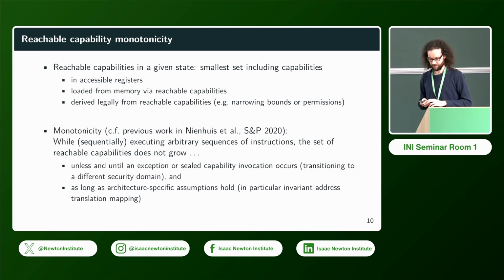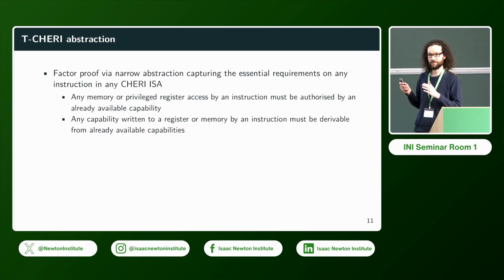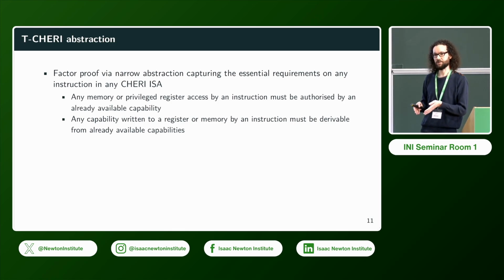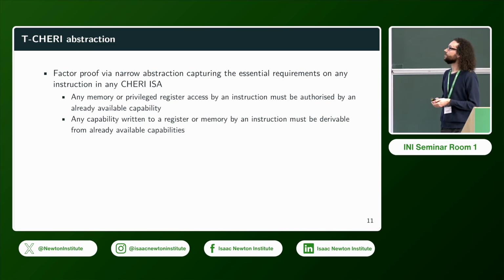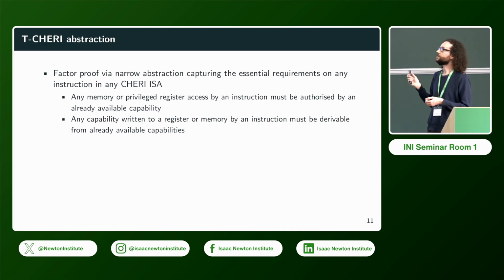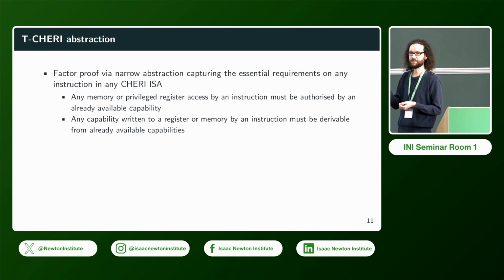All right, so how do we prove this? One step is to break down these whole ISA properties into smaller and much more local properties of the individual instructions. And here we arrived at some pretty straightforward properties that say, for example, that every time an instruction performs a memory access, then it must have already obtained a capability that authorizes it.